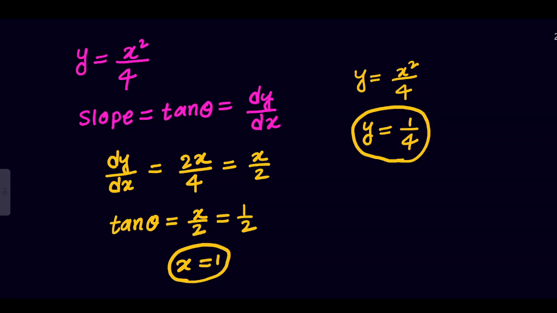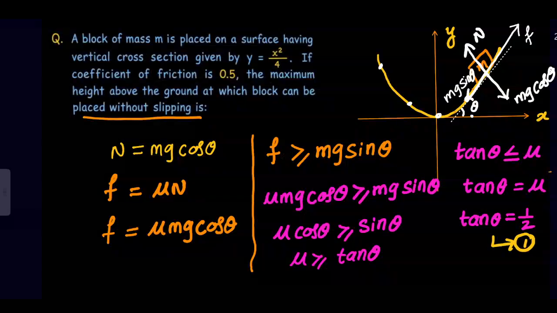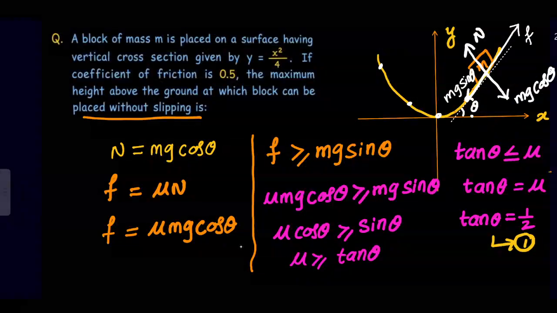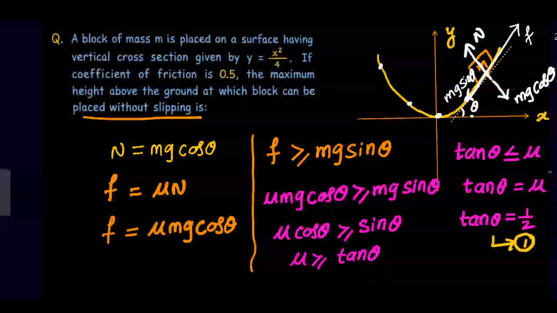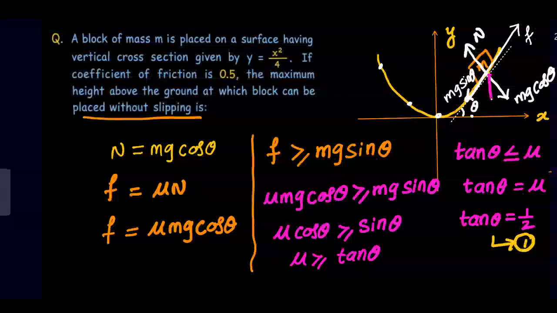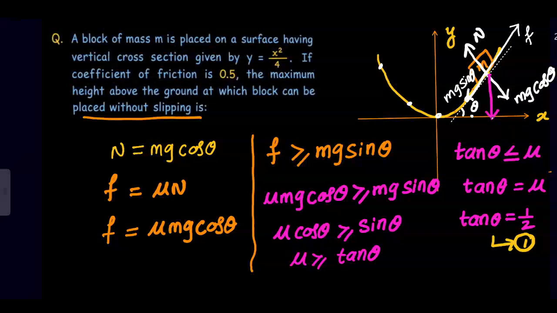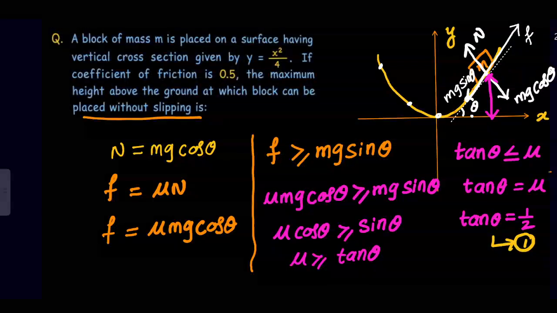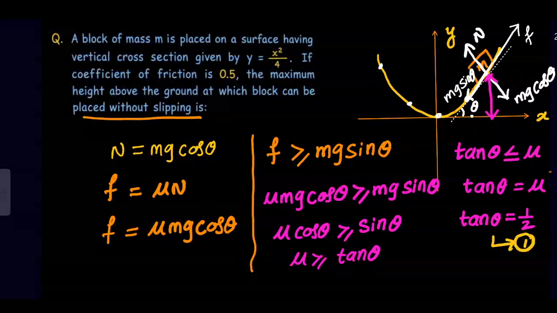So height means the y coordinate only. So when the block is at a height of this much, this height is 1 by 4. Then the block should not fall down. This height is 1 by 4.